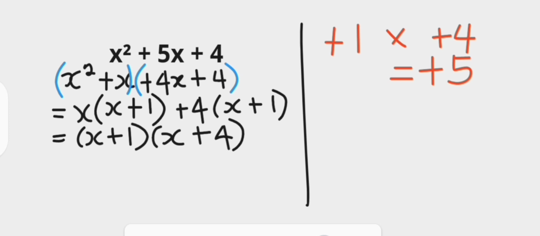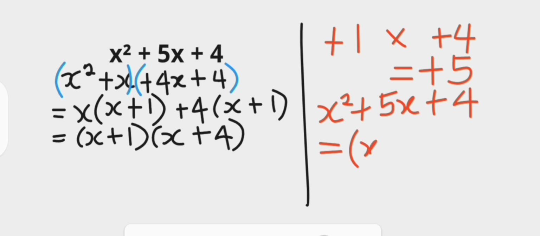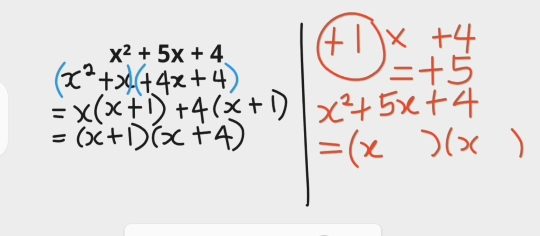So instead of going through the process of breaking down the middle term and then doing double grouping, we could as well factor x squared plus 5x plus 4 into, we open a bracket and put x. The first term is going to be x in that bracket. In the second bracket, we're also going to have x. Then we put the factors that we had earlier obtained, the plus 1 and the plus 4. So we put plus 1 here and plus 4 here. This saves time, and instead of breaking the middle term down, we get to factor the expression in one go.